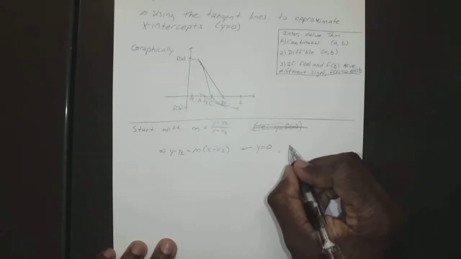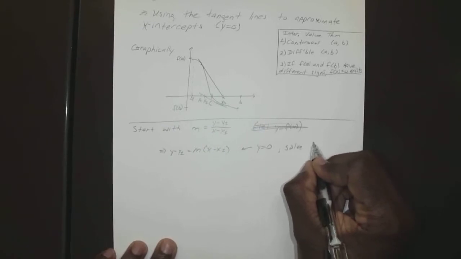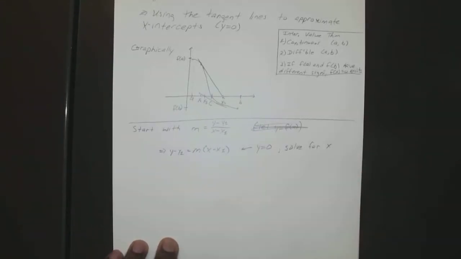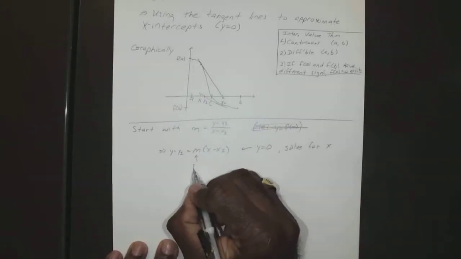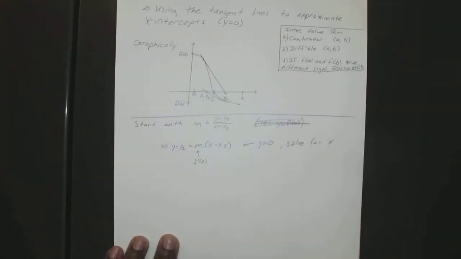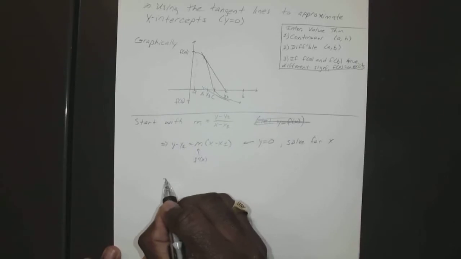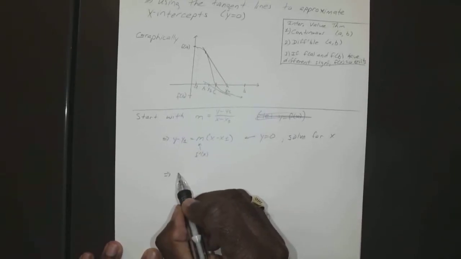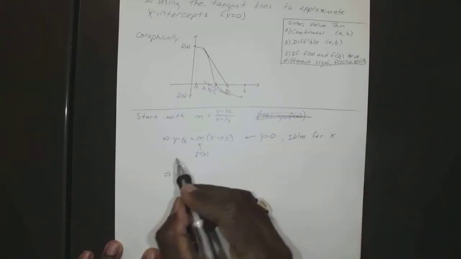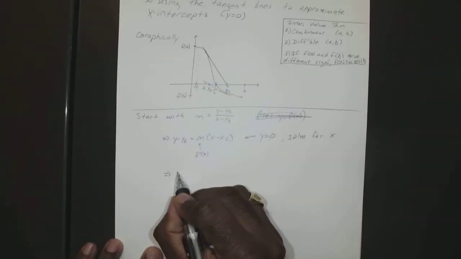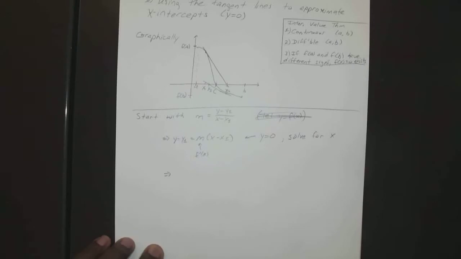Okay, so now we're just going to solve for x. And also remember that that's just your f prime of x, your slope. Okay, so if we wrote that in, yeah, we can go ahead and do that. So, yeah, make that f1.